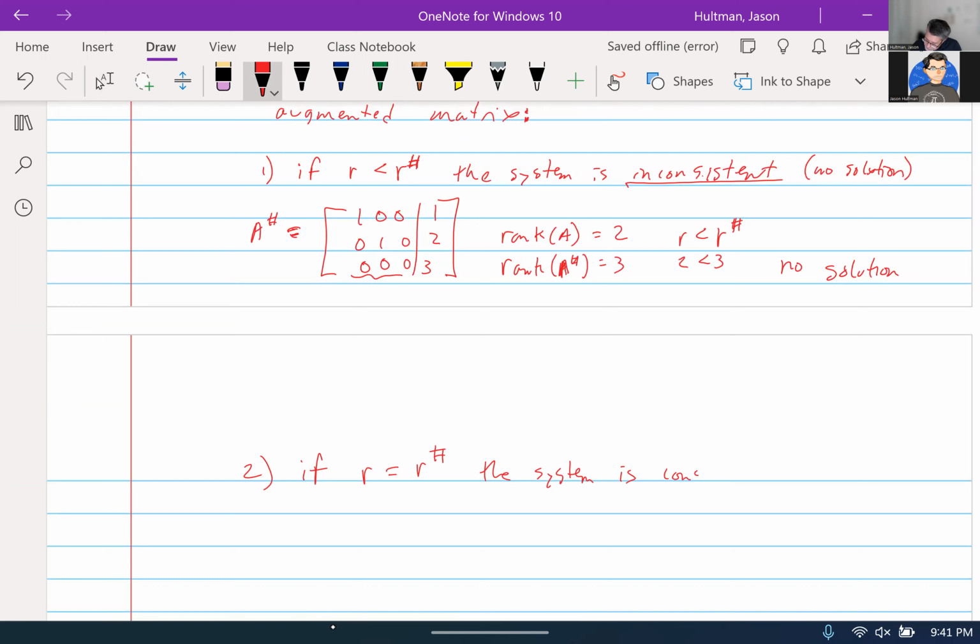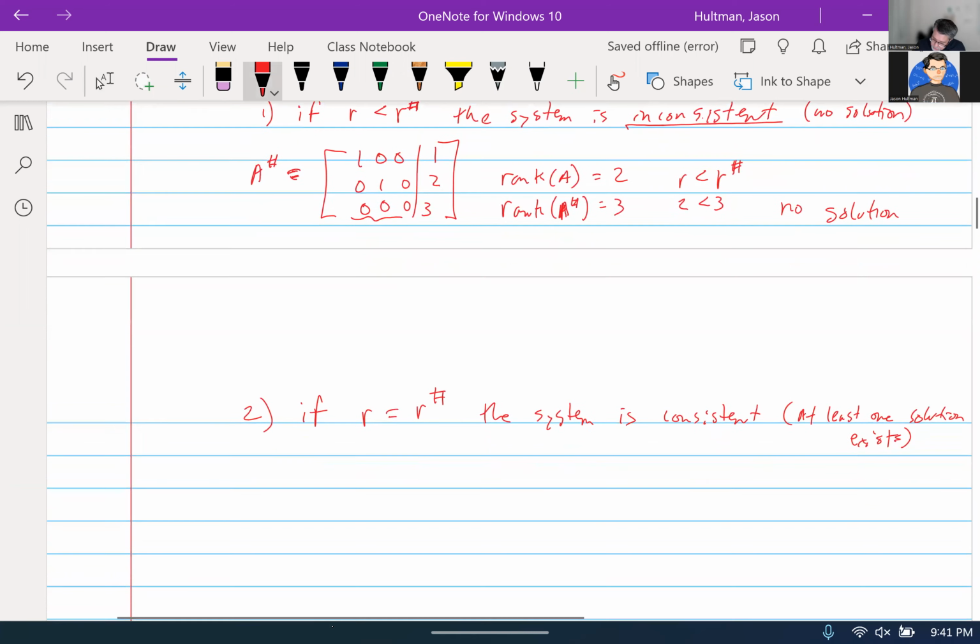That means that at least one solution exists. There could be one solution, there could be an infinite number of solutions, but at least one exists.